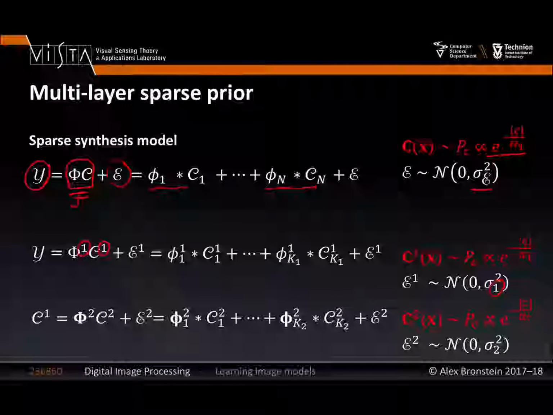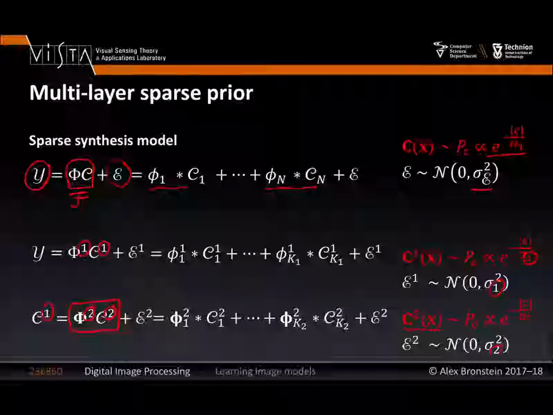And of course there will be some scale alpha 1 here in the prior of the coefficients that I will eventually, after some simple scaling manipulations, translate into lambda 1 in the prior term in my estimator. But let's now assume that C1 itself is also given by this synthesis model in the dictionary phi2 with the coefficient C2 that also admits a sparse prior.